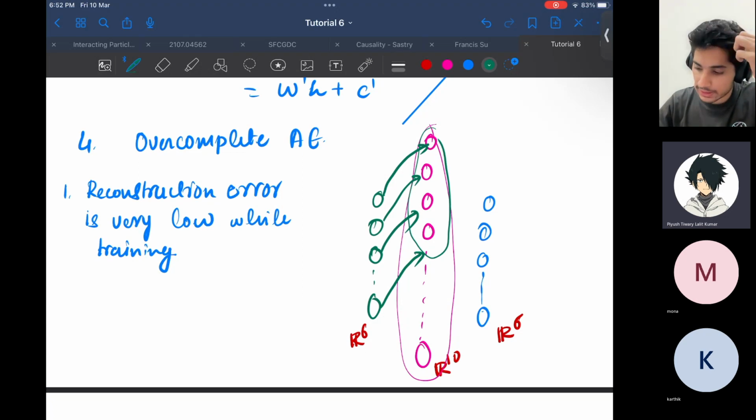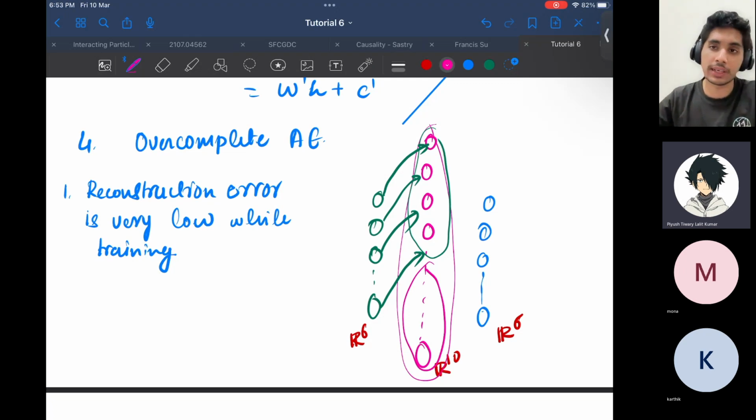Since I want to reduce my reconstruction error, for the rest of the neurons, whatever the representation is, I won't care what it might be.